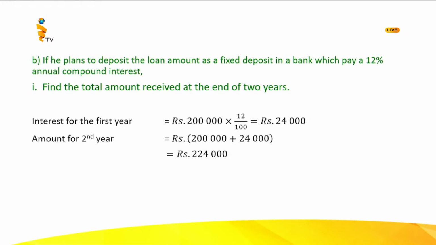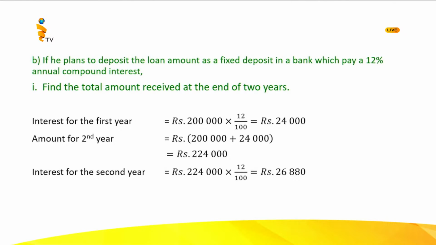Now, you can calculate the interest for the second year by using this amount. Therefore, the interest for the second year will be 224,000 rupees into 12 over 100. It is equal to 26,880 rupees.